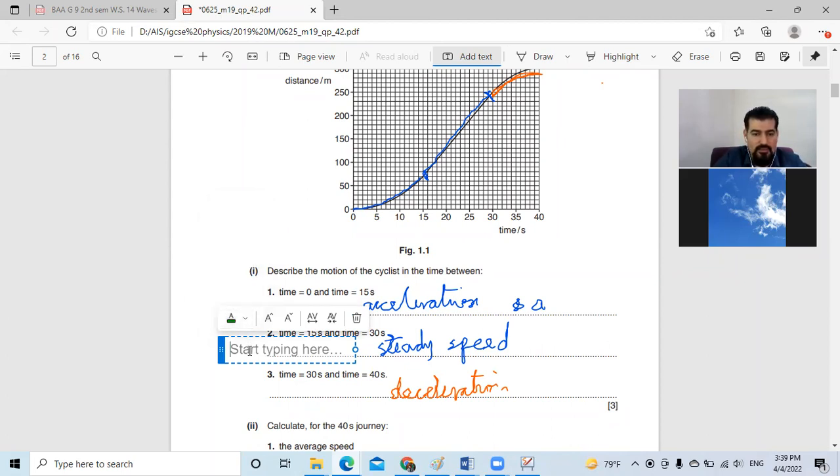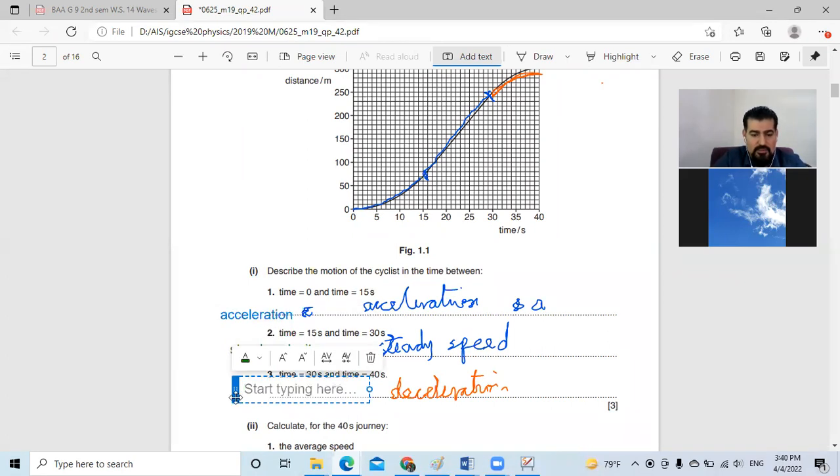And the one here is deceleration, or you can write slowing down. Good.